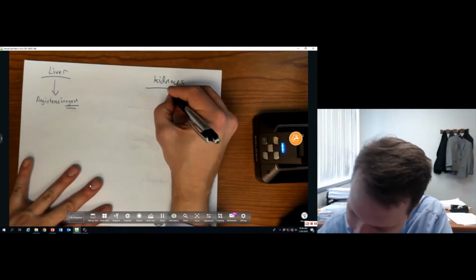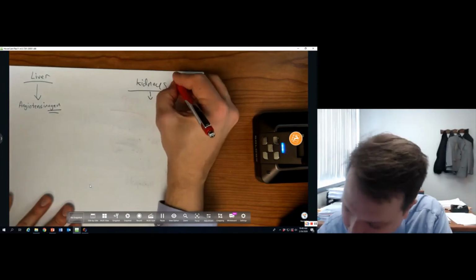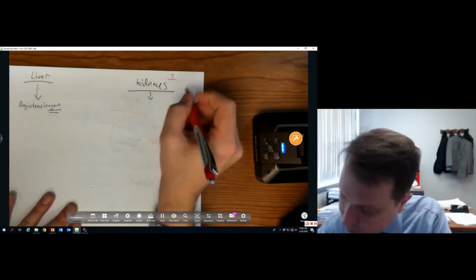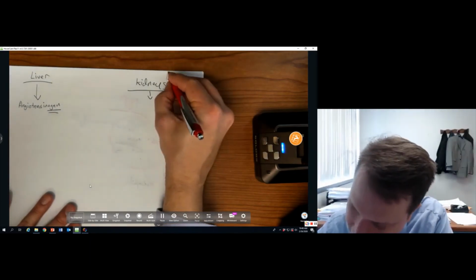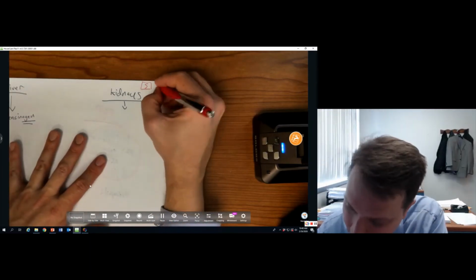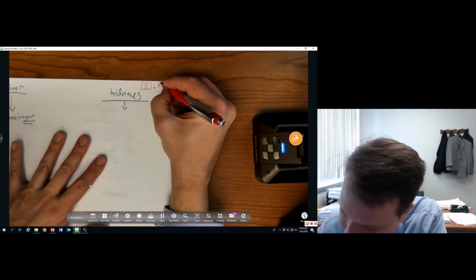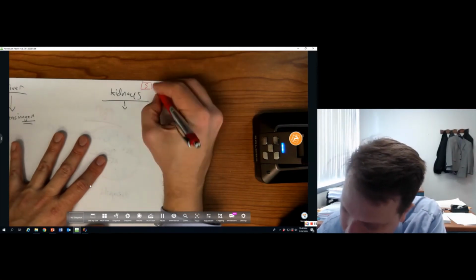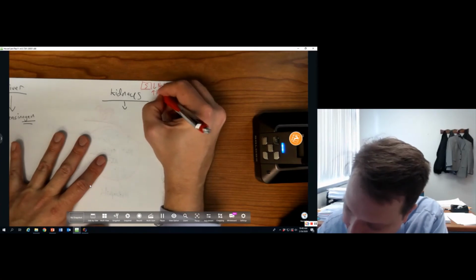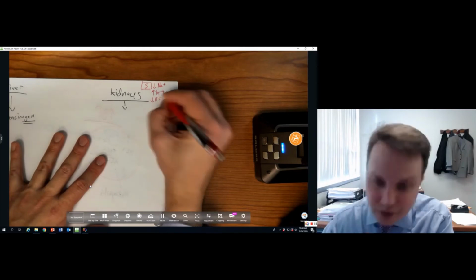Now, kidneys. There is going to be a stimulus, some change in the body. What is it? Well, it could be low levels of sodium, high levels of potassium, or a decrease in blood pressure.